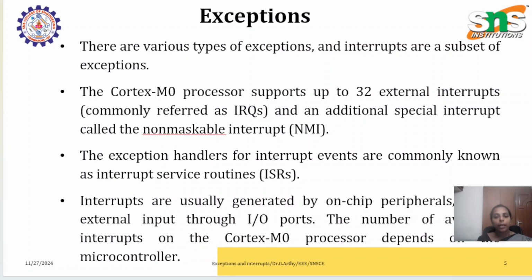The exception handlers for interrupt events are commonly known as interrupt service routines. Interrupts are usually generated by on-chip peripherals or by external input through I/O ports. The number of available interrupts on the Cortex-M0 processor depends on the microcontroller.